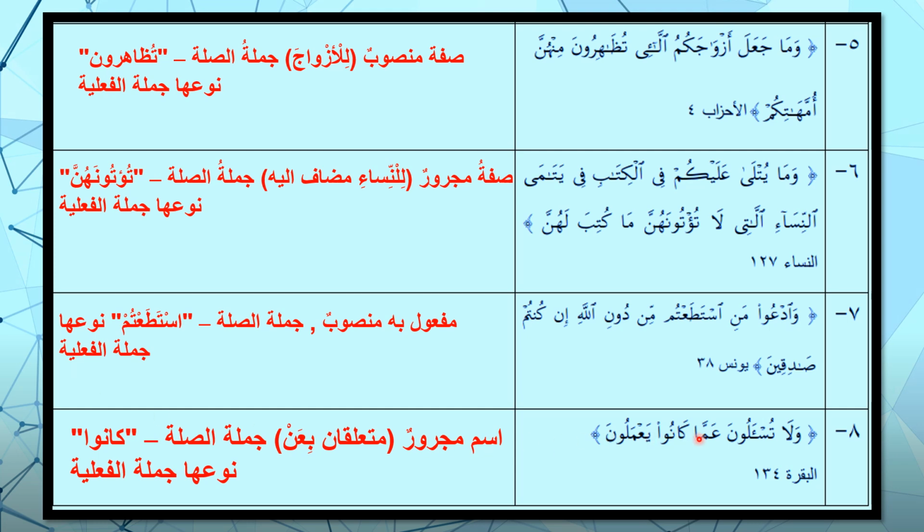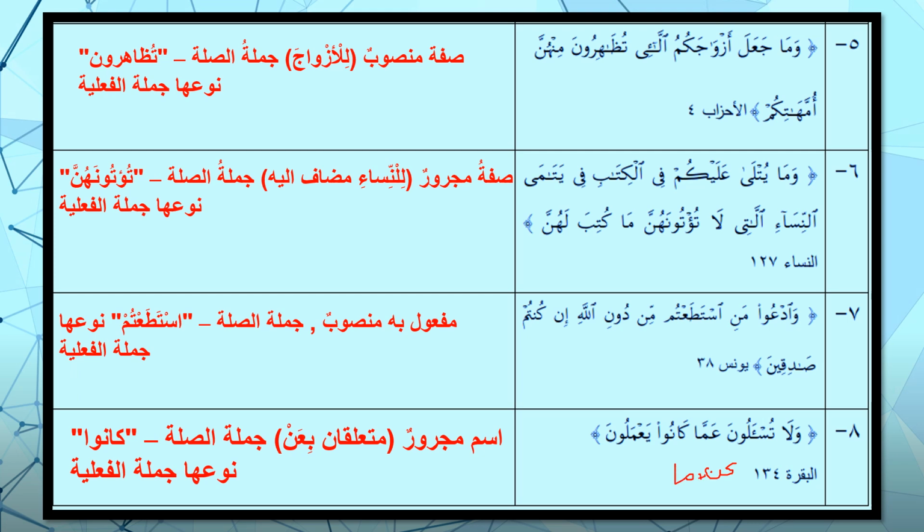And now where is the next, the last one? Wala tus'aluna amma kanu ya'malun. So as you have seen before, that ma can be added to inna. So ma can be added with the harf jar an. So here it's an harf jar and ma added with ma.